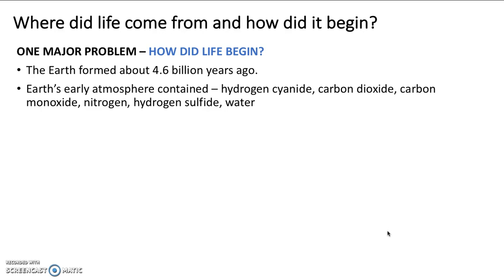Hydrogen cyanide is a poison, and carbon dioxide leads to global warming and those kinds of things. You'll notice one thing is missing here: you do not really see oxygen listed. Our beginning atmosphere didn't even contain oxygen, so organisms that use oxygen for energy aren't going to develop and evolve until much later on.